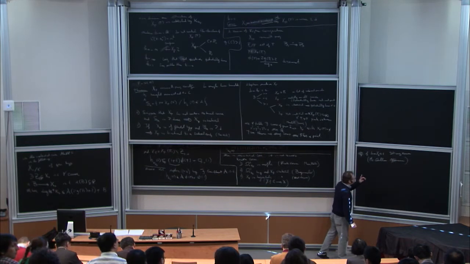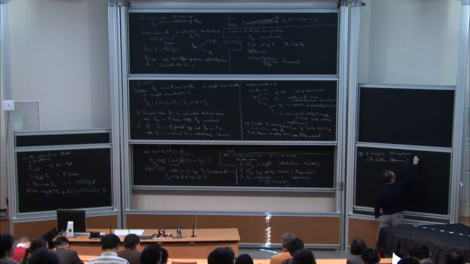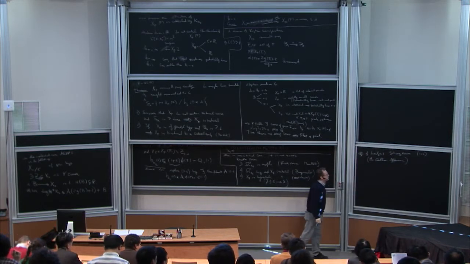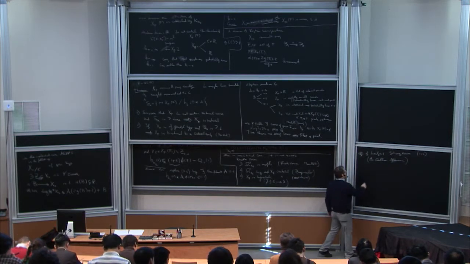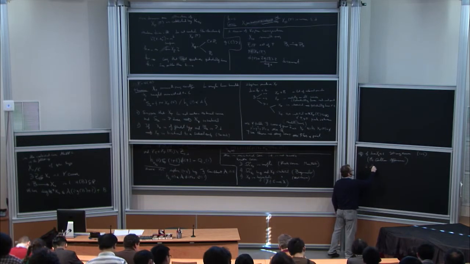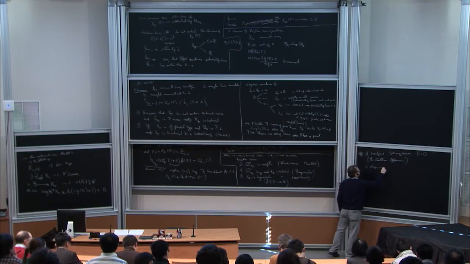I want to say strong version means with 1 plus epsilon. And I also want to say that D plays no role.